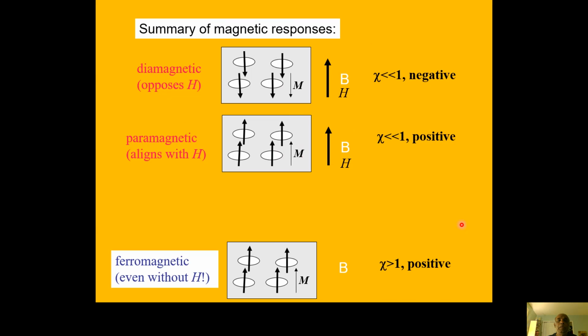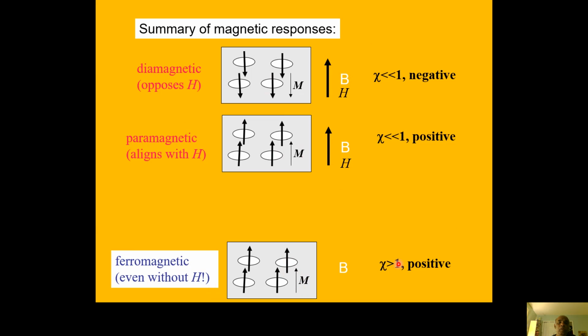Paramagnetism and diamagnetism. But next we are going to talk about something called ferromagnetism. In both these cases, when you remove your magnetic field, these spins are going to be realigned and become non-magnetic. But there are something called ferromagnetic materials. Even without any external magnetic field, they will have magnetization.